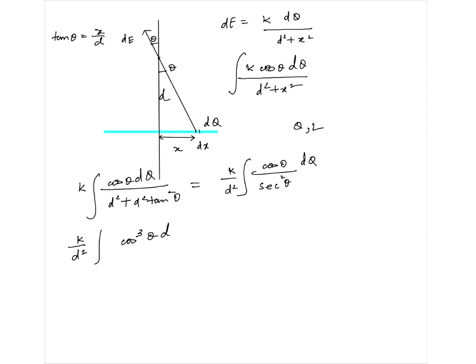Now, it is a uniform charge distribution. Charge per unit length will be Q by L, multiplied by dx.